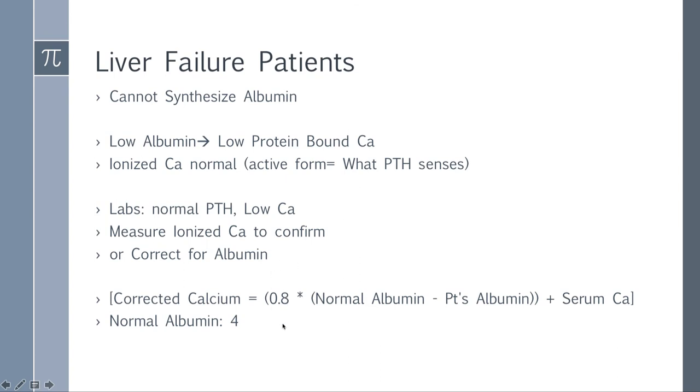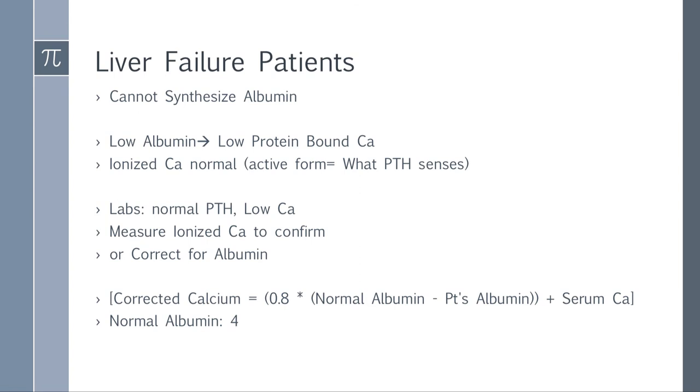Remember this number, 0.8. Your normal value for albumin in the blood, let's average it out to a nice number of 4. So for every 1 below 4, you want to add 0.8. So if your albumin is 3, that's 1 below your normal value of 4, and let's say your calcium is 8, you want to add 0.8 to that.